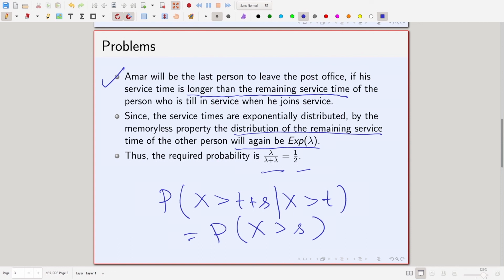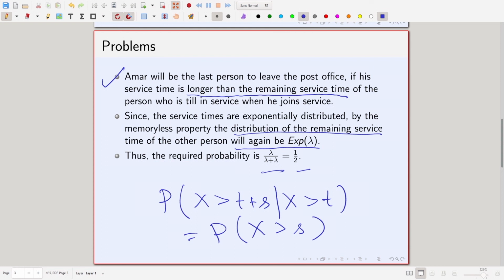Fine. So here you are using the fourth property of exponential that we learnt in the previous lecture: if you are given n independent exponential random variables, and independence is very, very important here, the probability that the ith random variable will be the minimum among them is lambda i over the summation of lambda i.